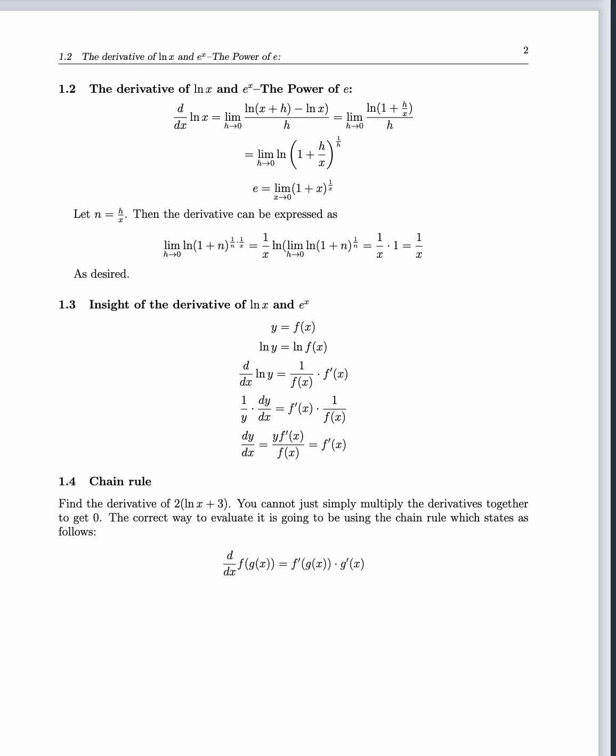We can just say 1 over ln of x plus 3 times 1 over x plus 3. So this is actually the derivative. This is called the chain rule.